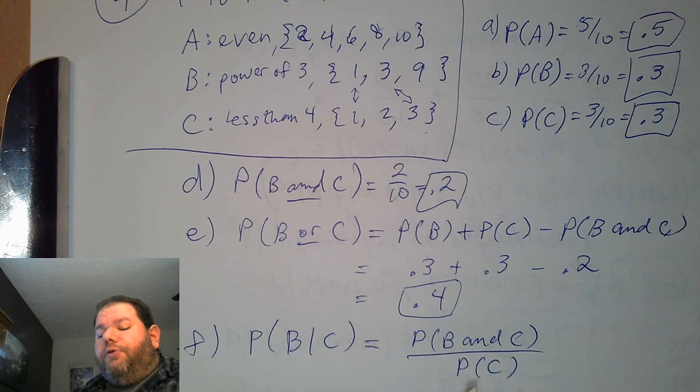On the bottom, we put whichever one comes second. Okay, so we're given that event C has already been determined to be successful, so we'll divide by probability of C.